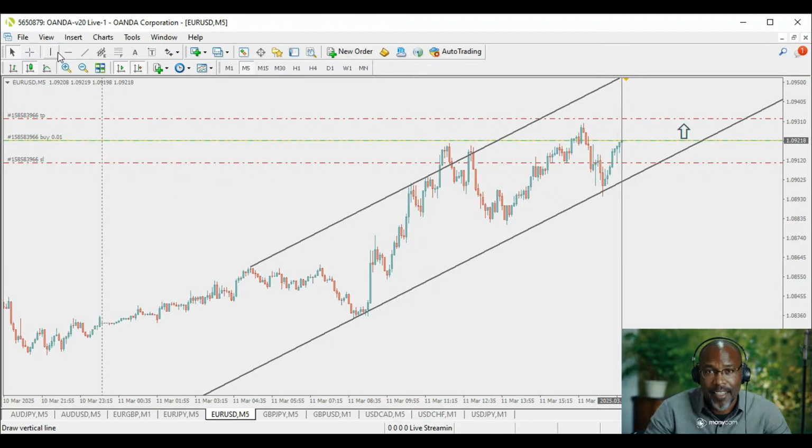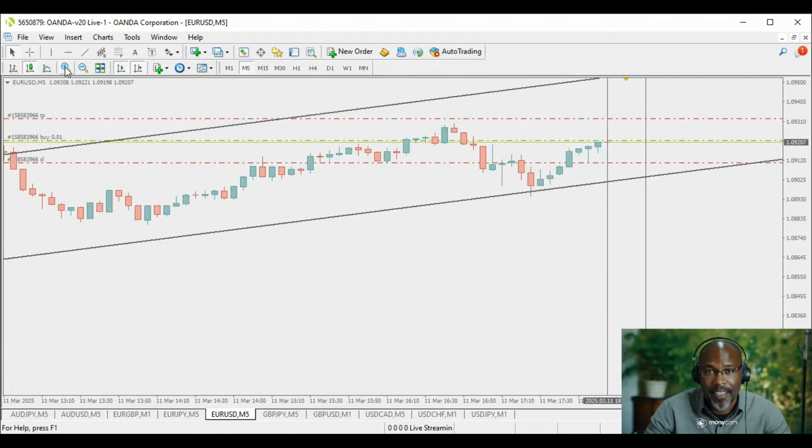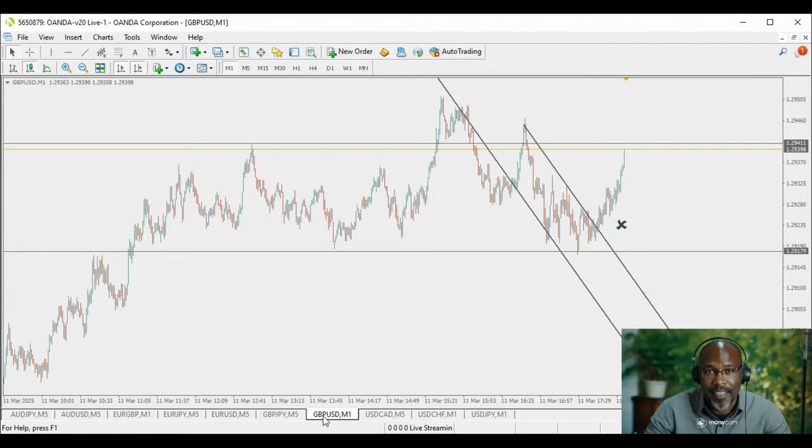805, so that would be 825. The euro, correction, the cable US dollar is also headed north.